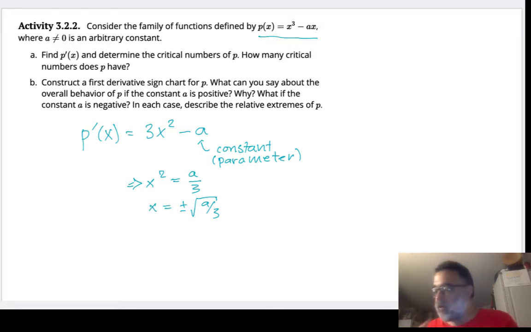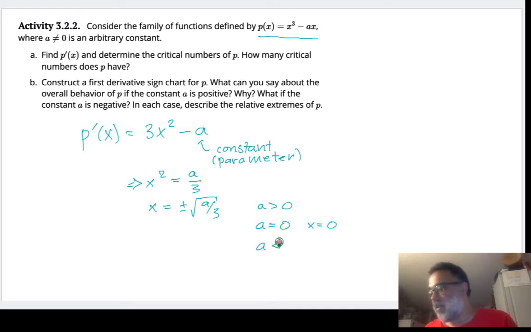Okay, so this already means thinking about that case by case. So if a is equal to 0, the only critical point is x is equal to 0. If a is greater than 0, that works. We get 2 critical points.